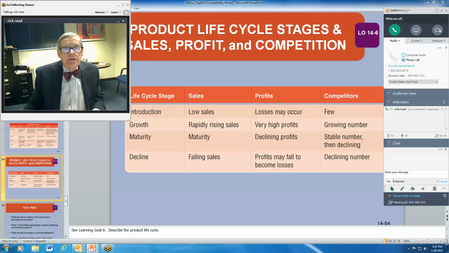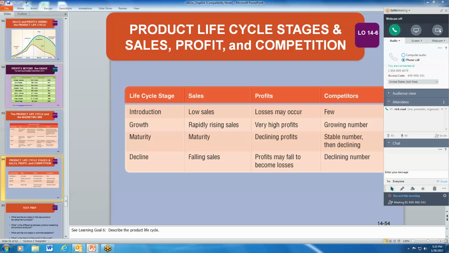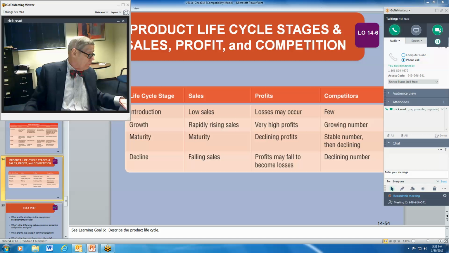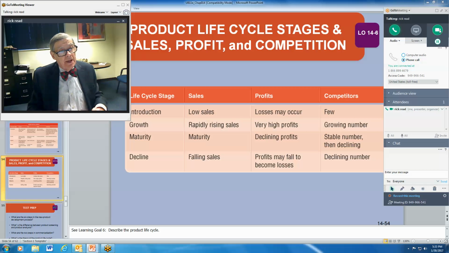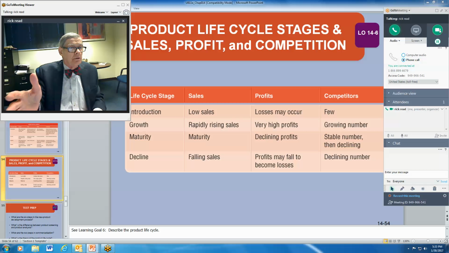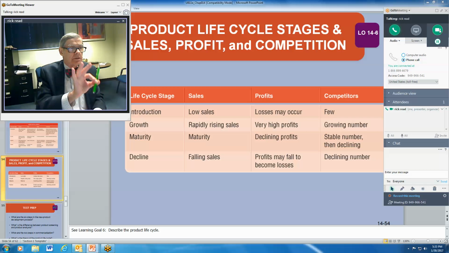Now, here's the product life cycle, and right beneath that is figure 14.6, and it talks about life cycle stages, sales, profits, and competitors. And notice here in the growth stage, this is rapid sales, high profits, and you have a growing number of competitors.